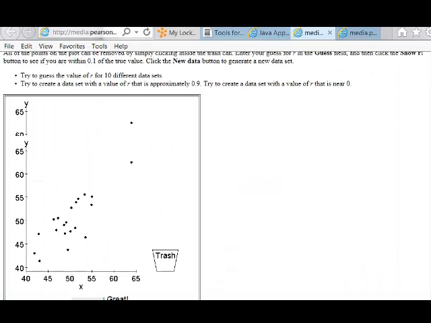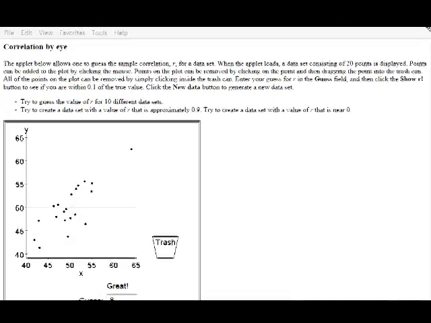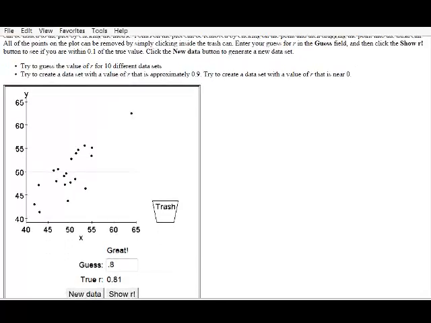Here's what the correlation by eye applet looks like. And basically all this does is it will plot 20 data points for you, and then you can try and guess what the R value is. And if you click down here where it says Show R, it will actually tell you the right R value.